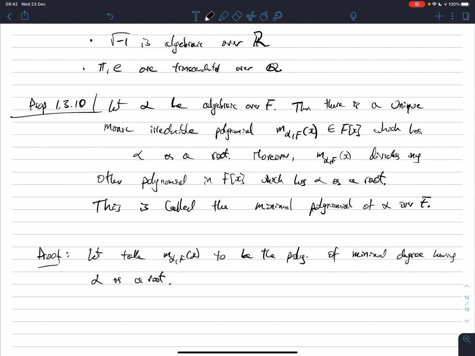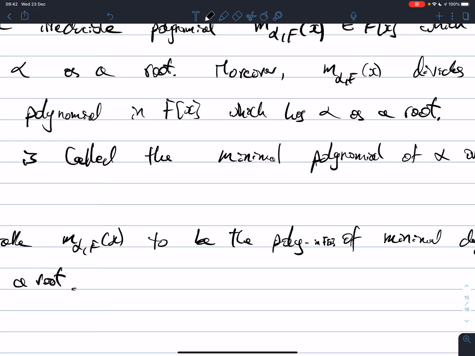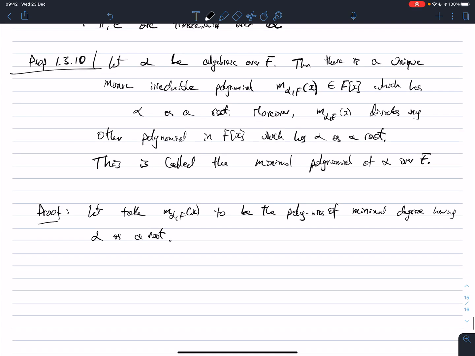Obviously, I'm taking a polynomial in F[x] with alpha as a root. So I claim that if I go through all the polynomials and check all the ones that have alpha as a root, and just look at the one with the smallest degree, that this one works.